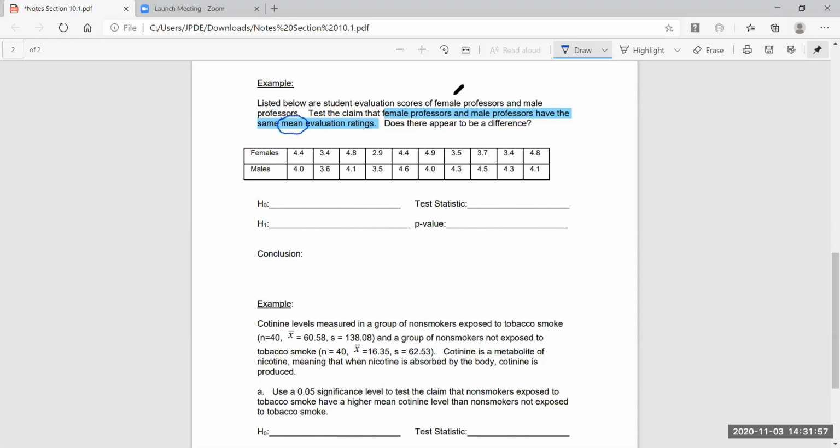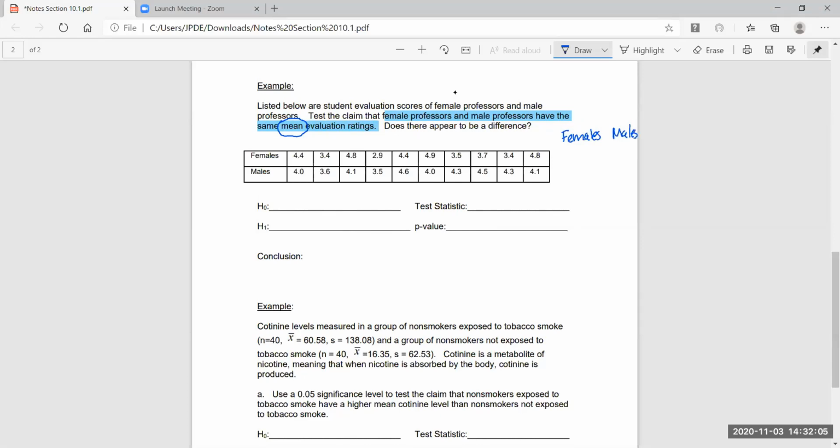So if I'm going to think of my two groups, I'm comparing the females to the males. And again, it doesn't matter which order you write it in, but typically we write it in the order that it appears in the problem. And I think you'll find when you do My Open Math, it does it that way as well.